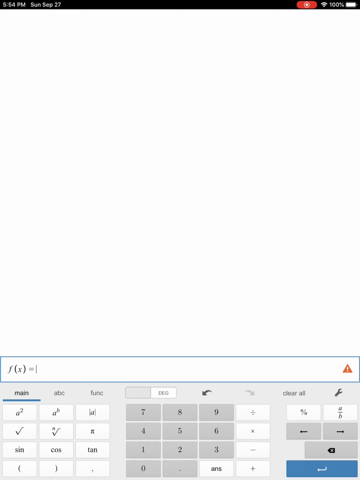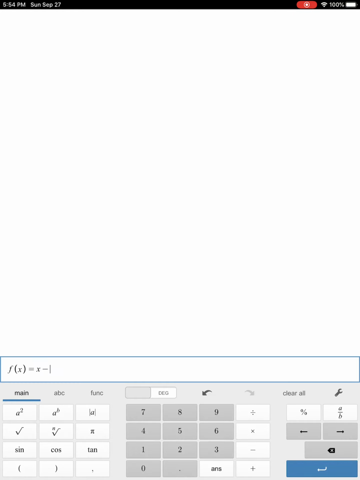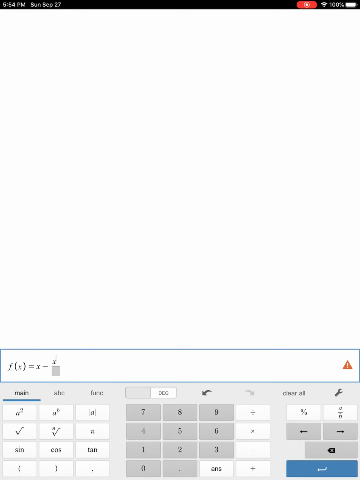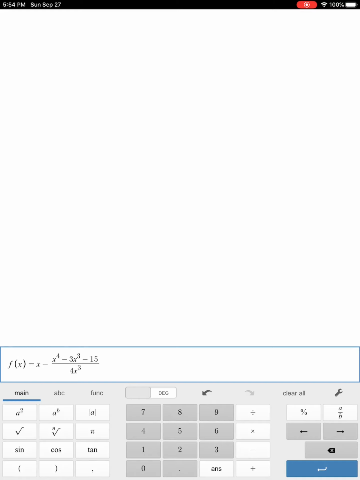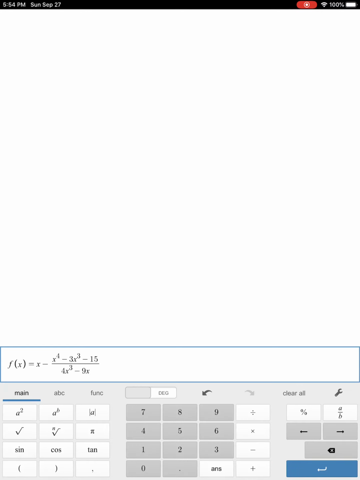So that looked like x minus the fraction x to the 4th minus 3x cubed minus 15 all over 4x cubed minus 9x squared.